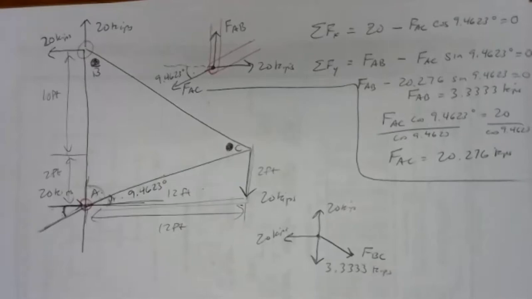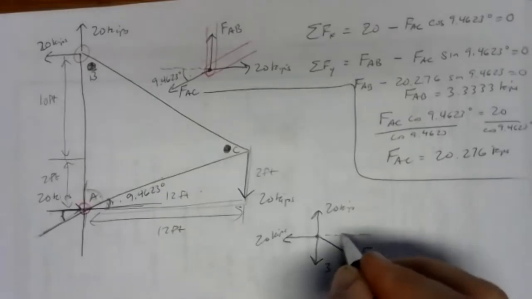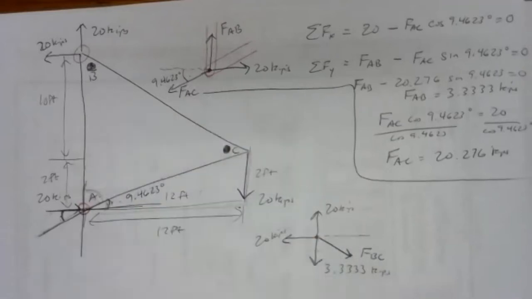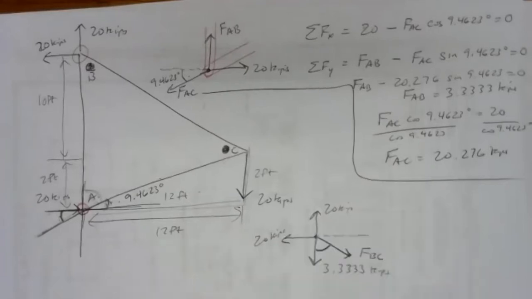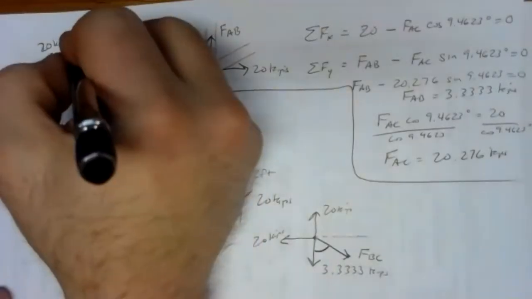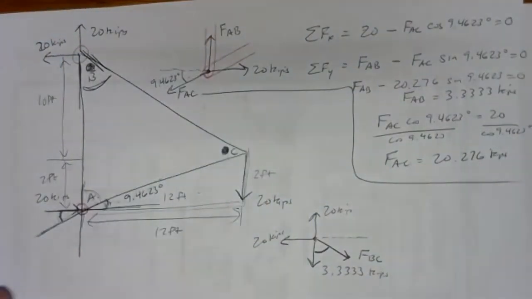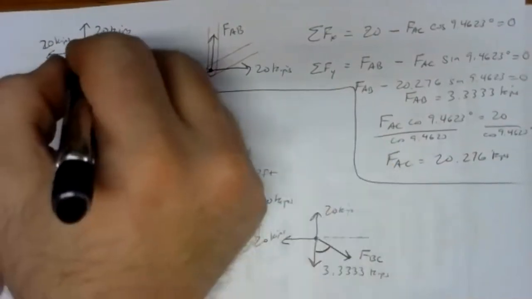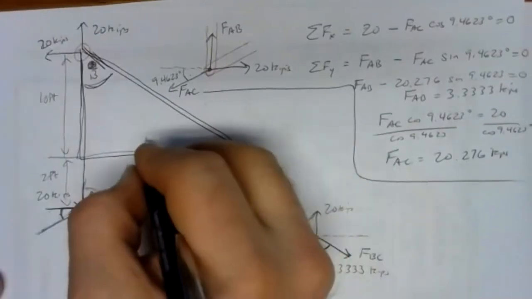But in order to work out this equilibrium, we need an angle. And so you could either figure out the angle here or figure out the angle here. And since I did the vertical or the horizontal angle in joint A, I'll do the vertical angle in this one. So I want this angle this time. And that one's pretty easy to find up here. It's that angle right there. And we can build that up by building up this right triangle. Our opposite side is 12 feet.